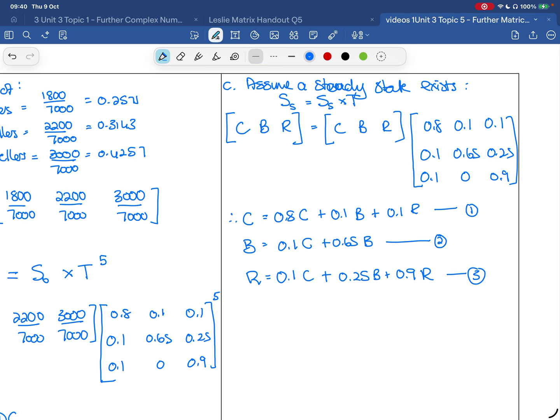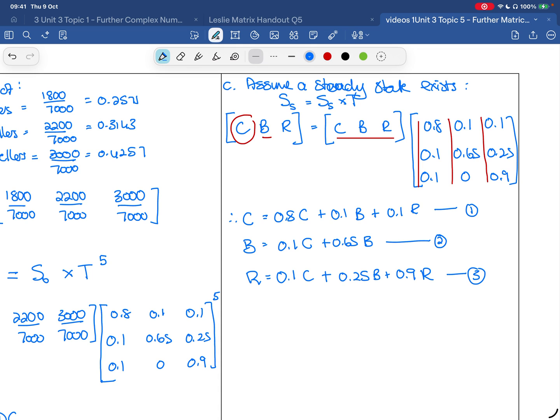And the way I'm getting these equations is I am performing matrix multiplication. So I'm saying CBR multiplied, so row multiplied by column, and that will give me my first entry for C, and then row multiplied by column 2 will give me my B, and my row multiplied by column 3 will give me my last entry for R.